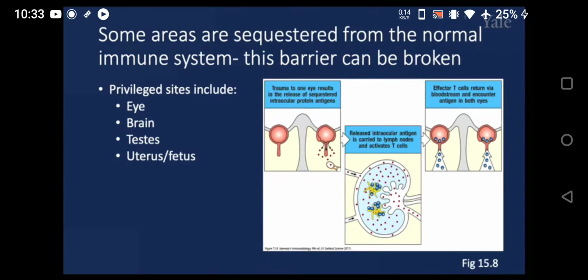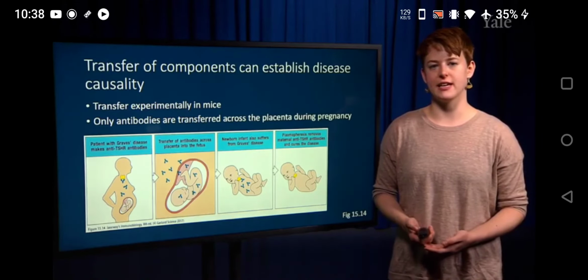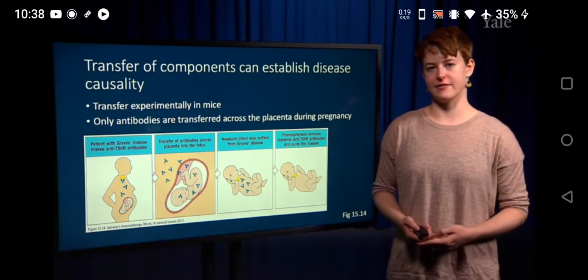So for example, in a patient with Graves' disease, which involves many autoreactive antibodies, these antibodies can actually be transported across the placenta, and then the newborn infant, whether they have a genetic predisposition or not, will actually develop Graves' disease.